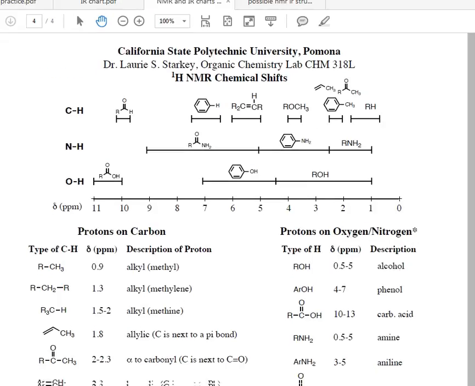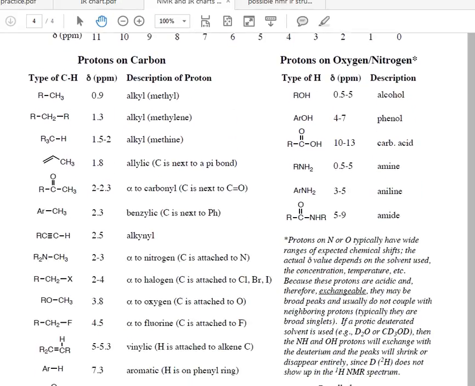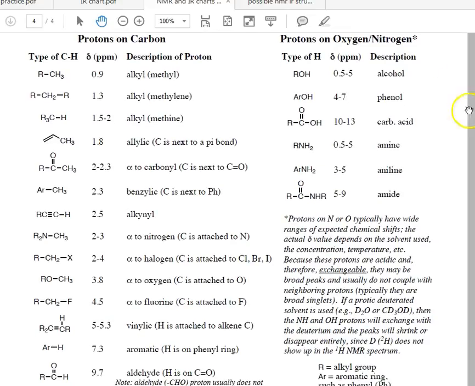If we look at our NMR table, you can see that this gives us information about where the hydrogen is and what it's attached to, and where the peak will be on the x-axis of our graph. So if it's around 0.9, it's going to be a CH3. If it's going to be in the 0.5 to 5 range, it could be an alcohol.